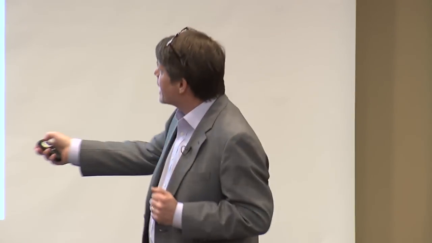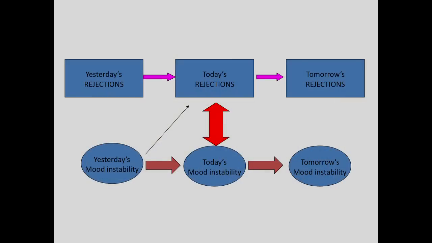In this model, fortunately, we found that today's MSSD of hostility, so that instability of hostility for each day, was associated with, or you could use it to predict, how many endorsements of feeling rejected by a romantic partner concurrently.